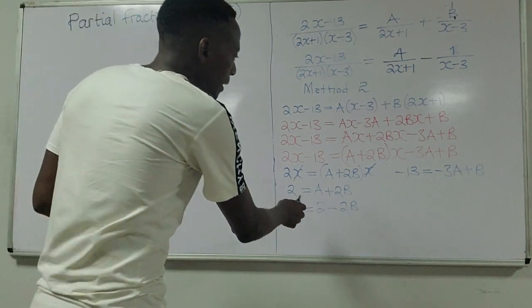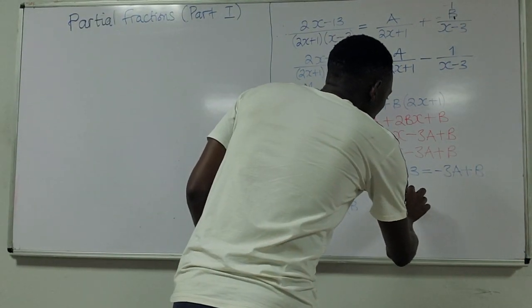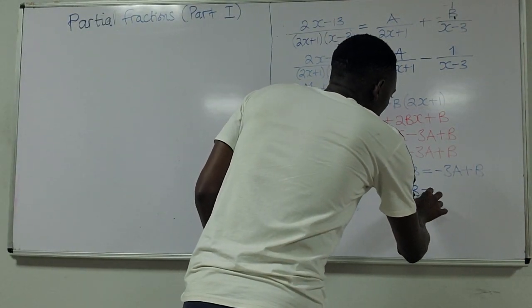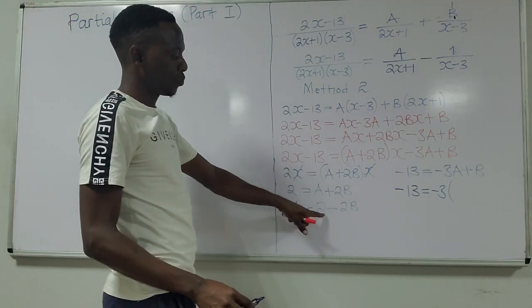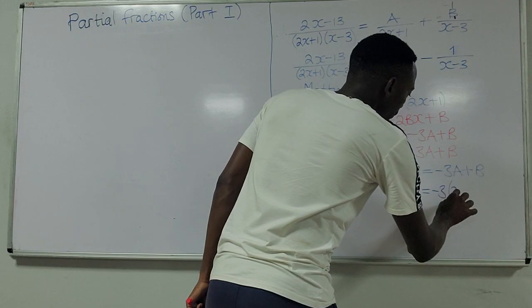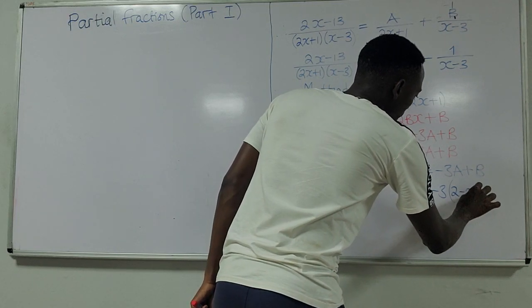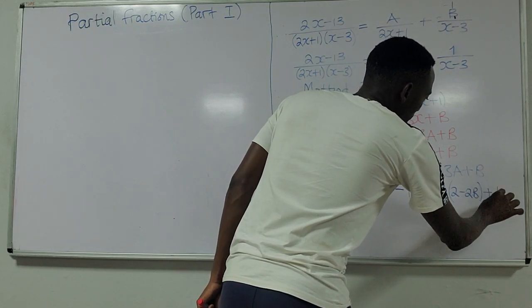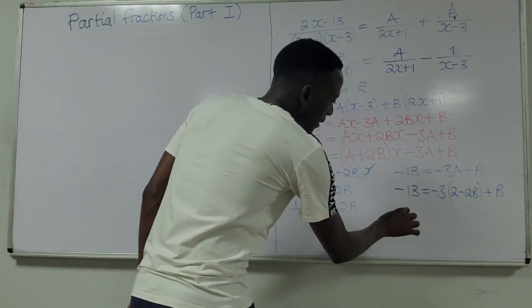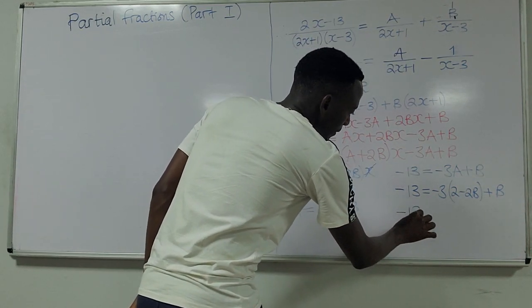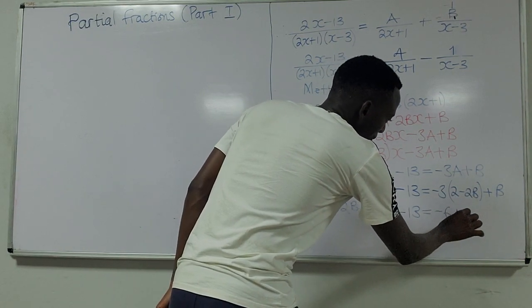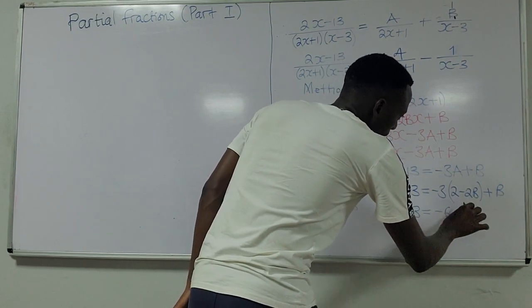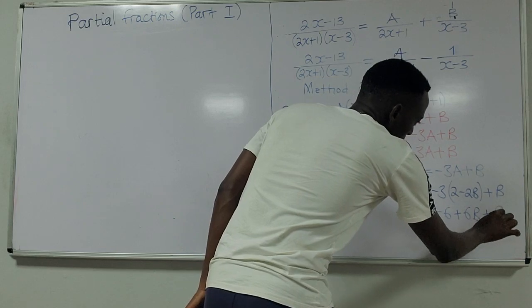Having made a the subject of the formula, substitute it in the other equation. So negative 3, open brackets, a here is 2 minus 2b, plus b. So this negative 13 is equal to negative 6, negative times negative 2b is positive 6b, plus b this side.